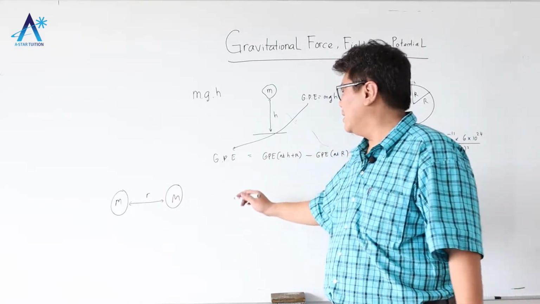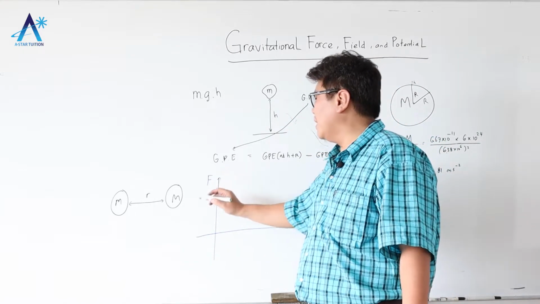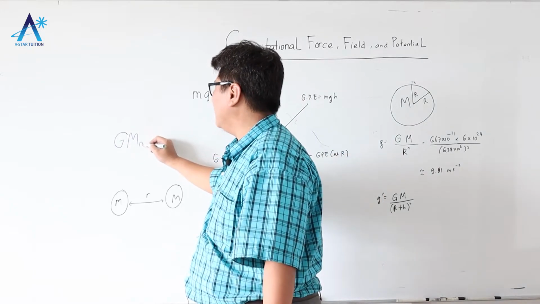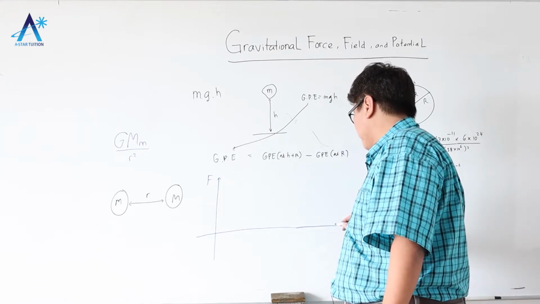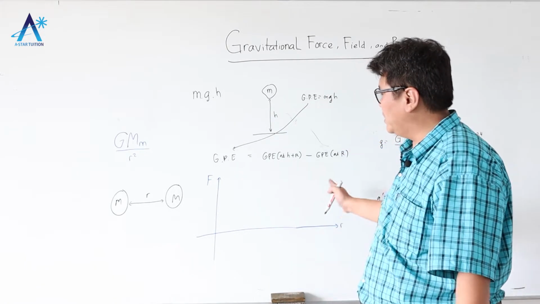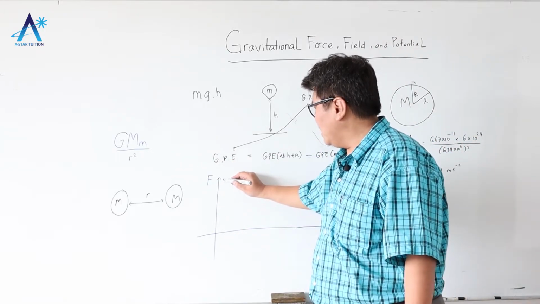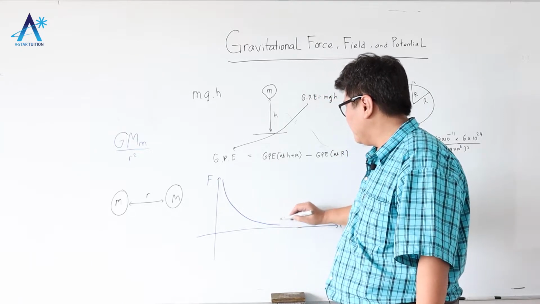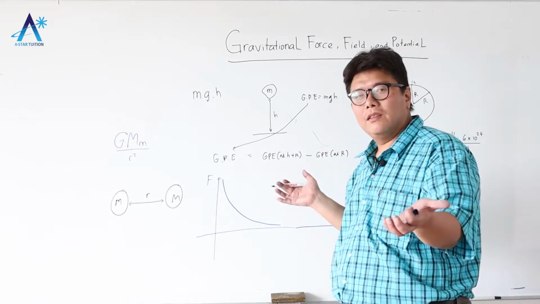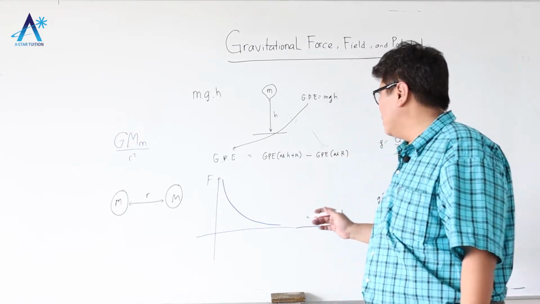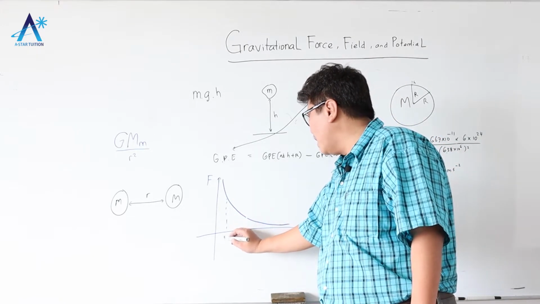In order to do that, remember that the gravitational force is given by G capital M lowercase m over r squared. If I sketch the force versus the position, where r is the distance between them, then from this equation it's obviously going to look like this. Initially the distance between them is infinite, and you want to know the work needed so that they are at a certain distance r away.